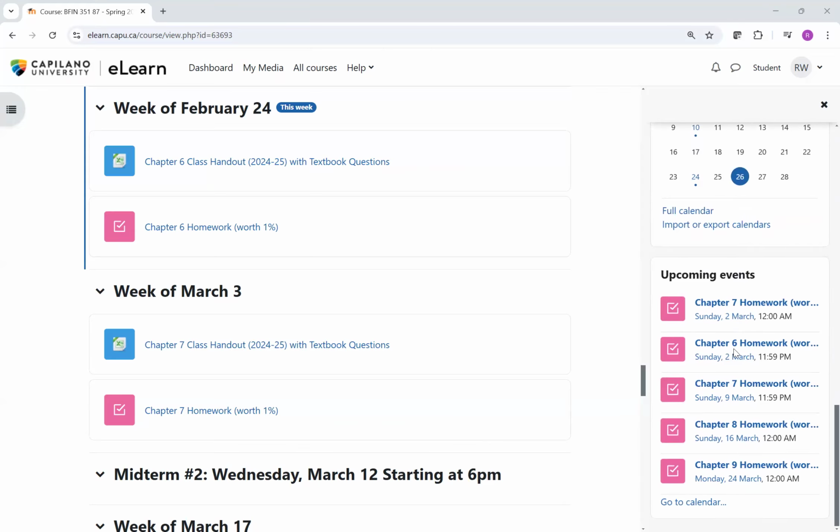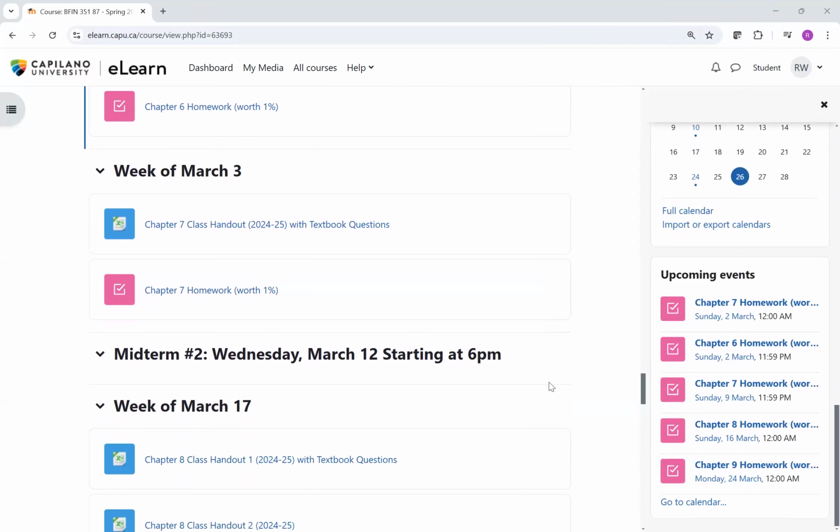Next week we're going to go through chapter 7, and then the midterm will be in 2 weeks' time, Wednesday, March the 12th. I'm going to work on the midterm this week. So before next class, I'll have details with respect to how many multiple choice questions and how many problems. It will cover chapters 5, 6, and 7.